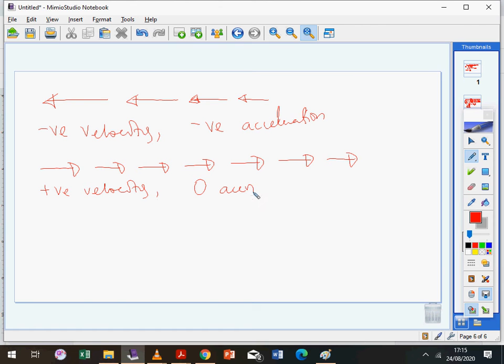Now what happens if they're facing the opposite direction? Same arrows, equal size, but facing the opposite direction. This time velocity is negative, but acceleration, what do you think? Is it positive? Is it negative? Is it 0? Yes, it is still 0 because we do not have a change in velocity.